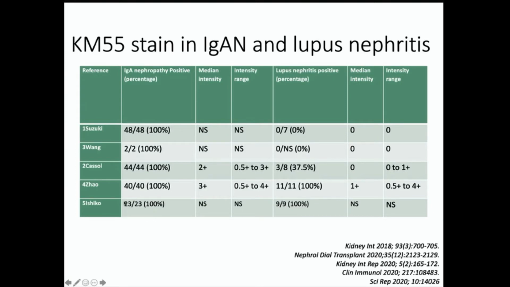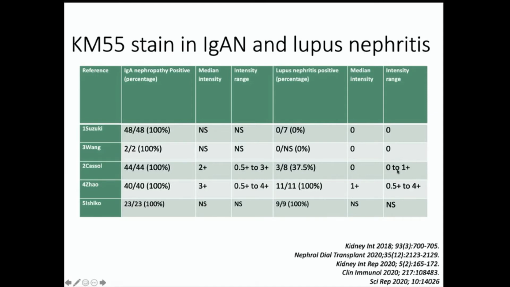But as we can tell, the last two studies are done from Asian countries, China and Japan. And then this group is in Ohio, and they got 3 out of 8 of the cases positive. And then the intensity-wise for the KM55 ranges from 0 to 1+.